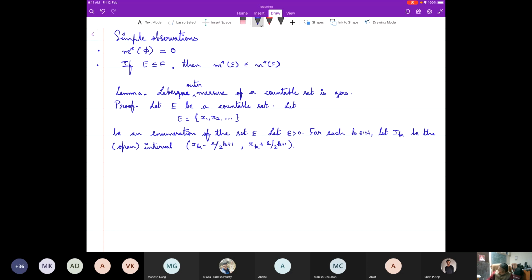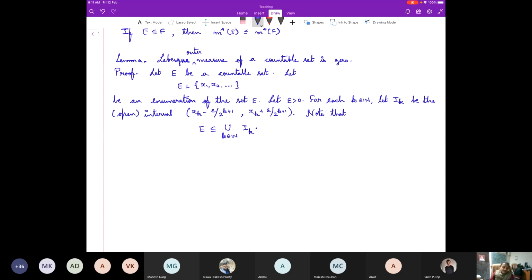Now, once you have chosen this, it can be easily observed that E is contained in the union over k in N of I_k, because x_k is contained in the interval I_k for each k, and therefore E is contained in this union.